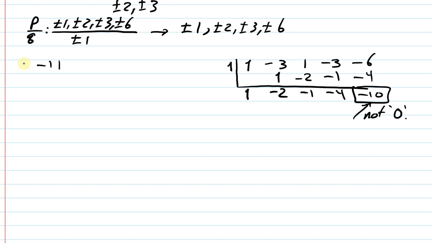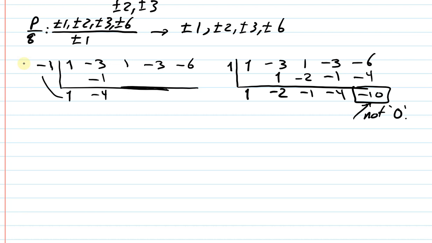Let's try negative 1. That's the trial and error portion of our work. 1, negative 3, 1, negative 3, negative 6. This time, bring down the 1, multiply, add, multiply, add, multiply, add, negative 8, multiply, add, we get 2.